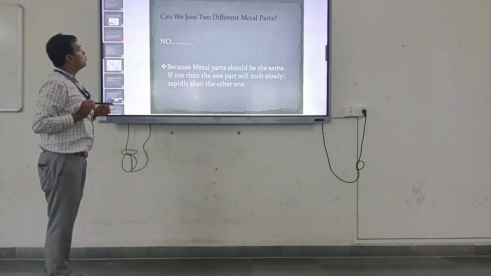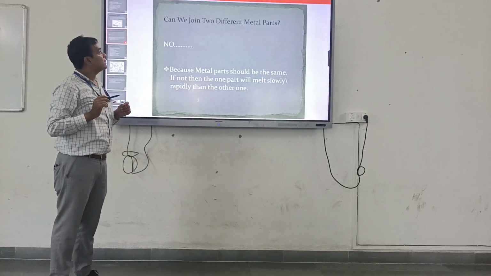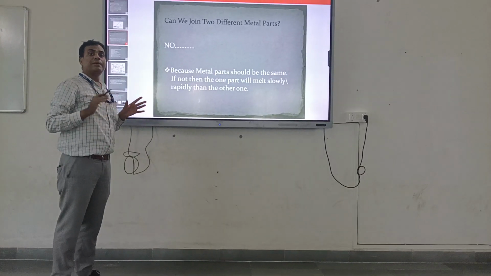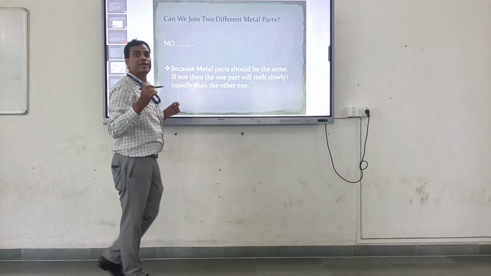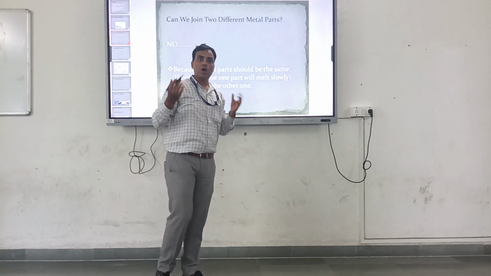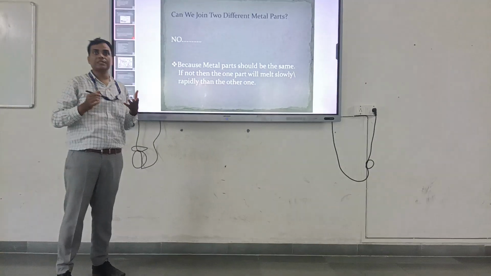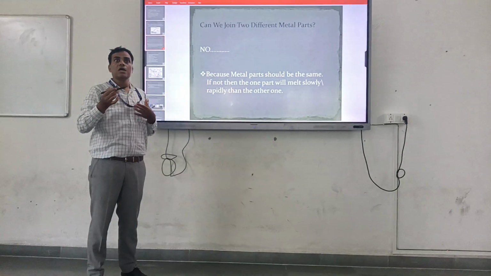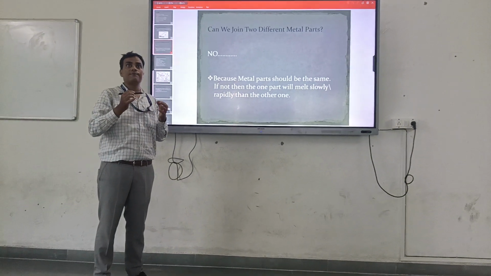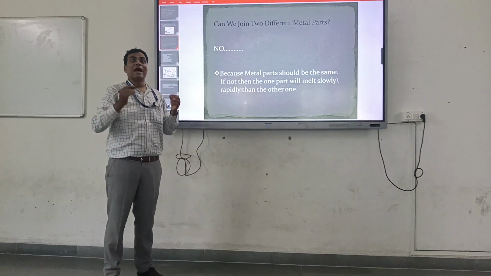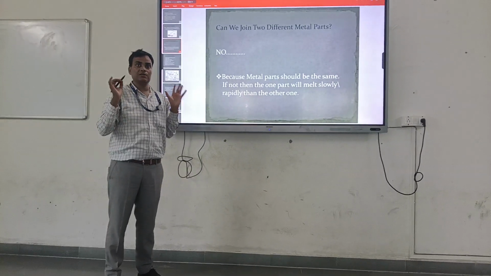Can we join two different metal parts? No. Why? Because of the melting point difference. If one metal melts at a low temperature and another at a high temperature, we are not able to melt both metals at the same point under the same condition.